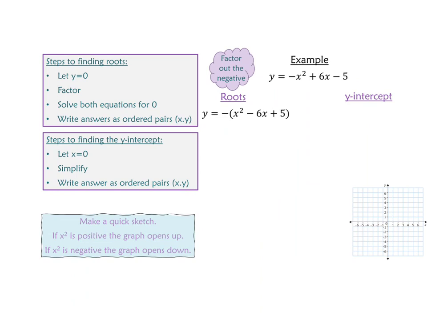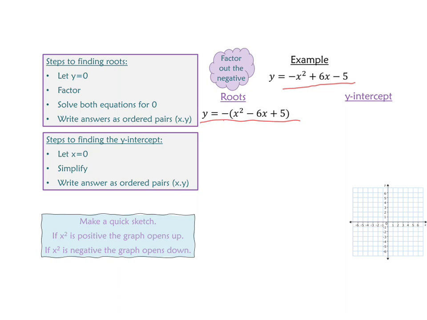All right, here we have one with a negative. It says negative x squared plus 6x minus 5. So the first thing we need to do is factor out the negative, and that leaves us with x squared minus 6x plus 5.